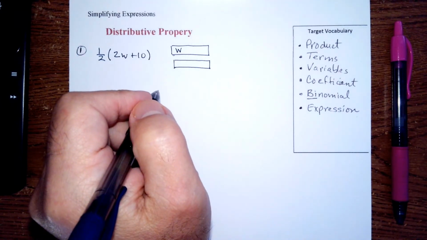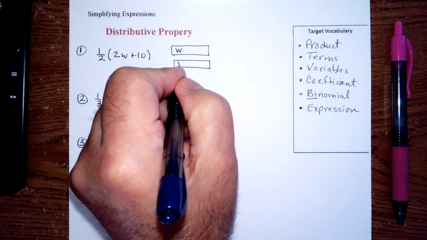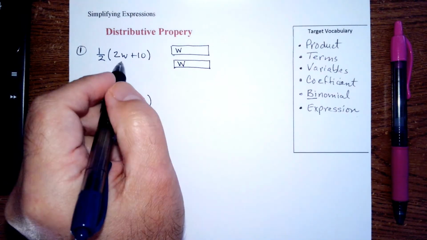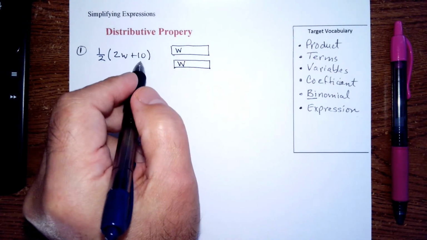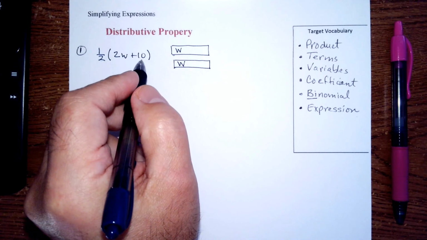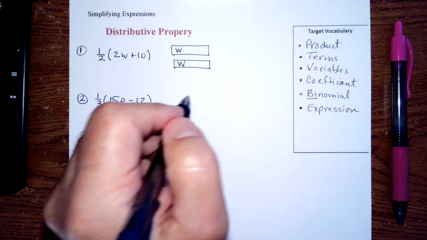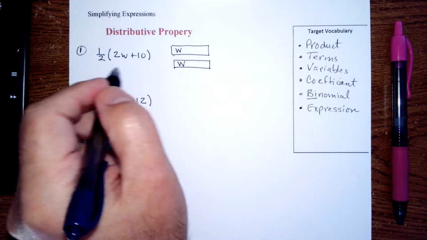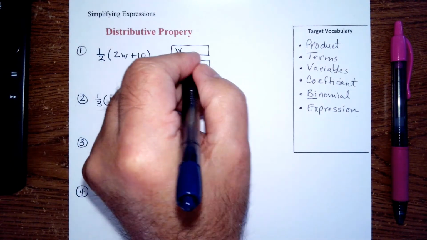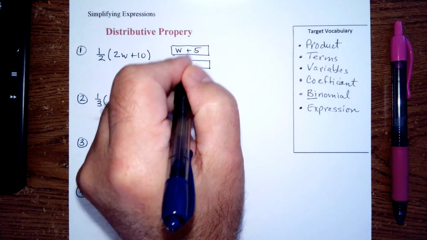Where's the other W? Absolutely, in the second bar. See that 10? I'm going to split the 10 into two equal parts. How much in each? Half of 10 here, half of 10 here. Correct, 5.